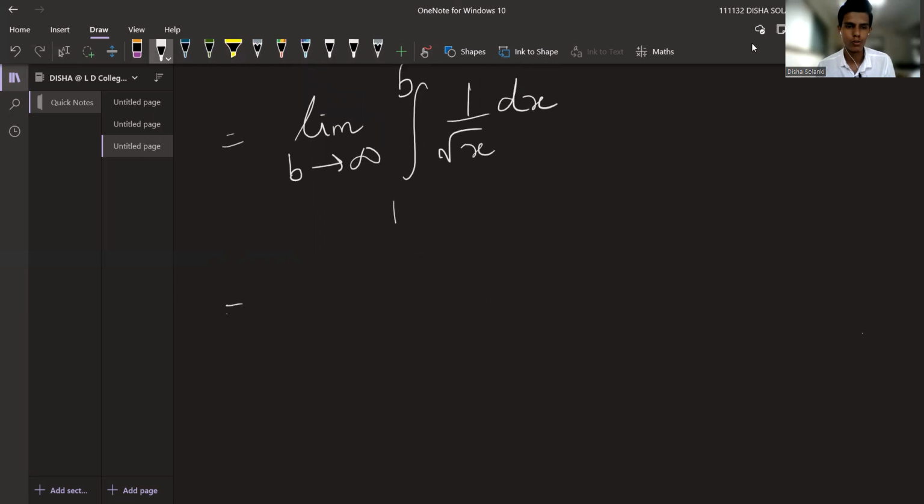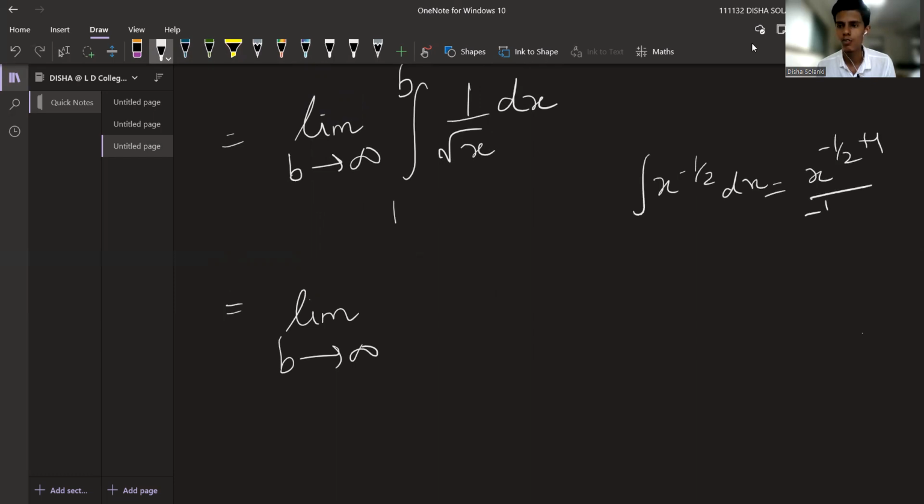Limit b tends to infinity, 1 by root x is actually x to the power minus 1 by 2 dx. Integration of x to the power minus 1 by 2 dx is x to the power minus 1 by 2 plus 1 upon minus 1 by 2 plus 1.